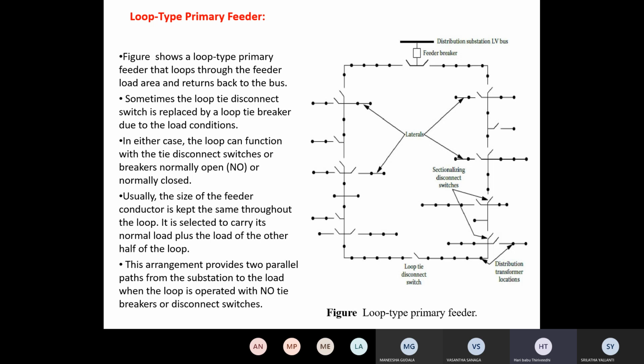We may provide tie switches also like this to disconnect the faulty section, right? So we have to isolate the faulty section. Suppose a fault occurs in this section. By using these tie switches, we may disconnect the supply and isolate the fault here, right?